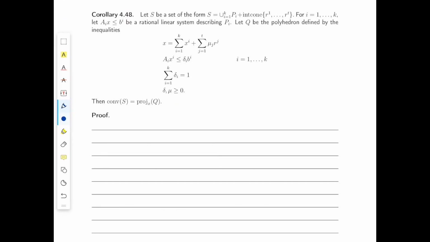To prove this corollary, the first thing we want to do is write down the convex hull of S in a nice form that allows us to write down easily a description of conv S with the linear inequalities in an extended space. So let's do it. Let S be as in the statement.